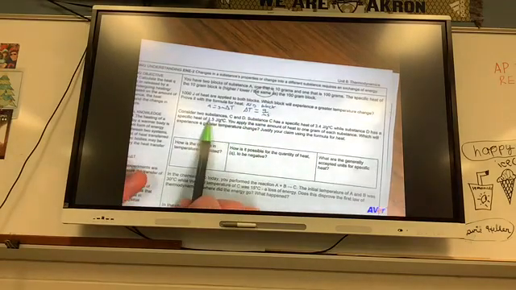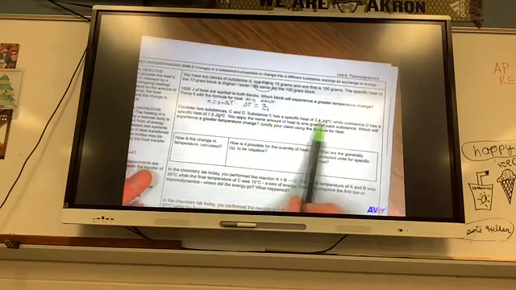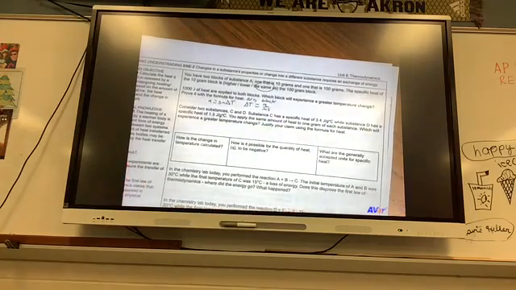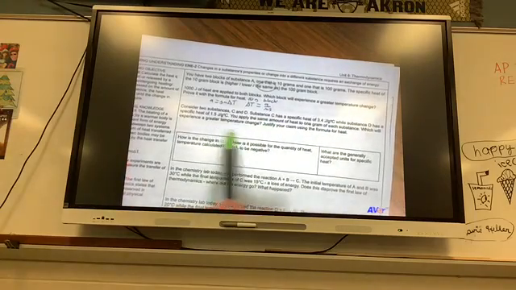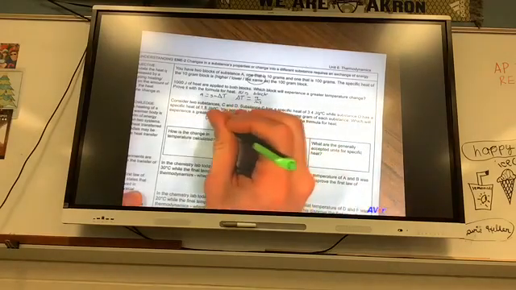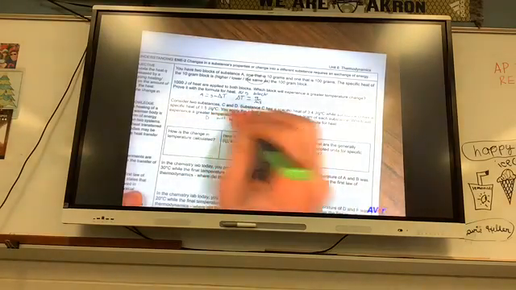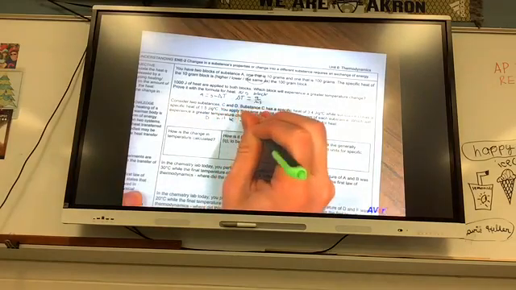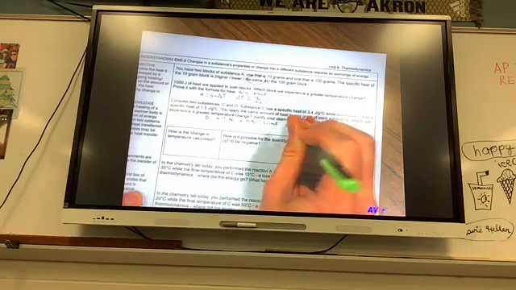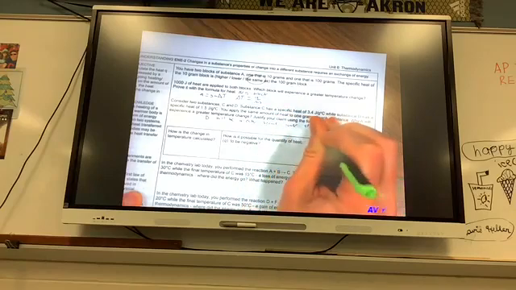Consider two substances, C and D. Substance C has a specific heat of 3.4 and D has a specific heat of 1.5. You apply the same amount of heat to 1 gram of each substance. Which will experience a greater temperature change? Justify your claim using the formula for heat. Well, D will be greater because it has a lower specific heat.